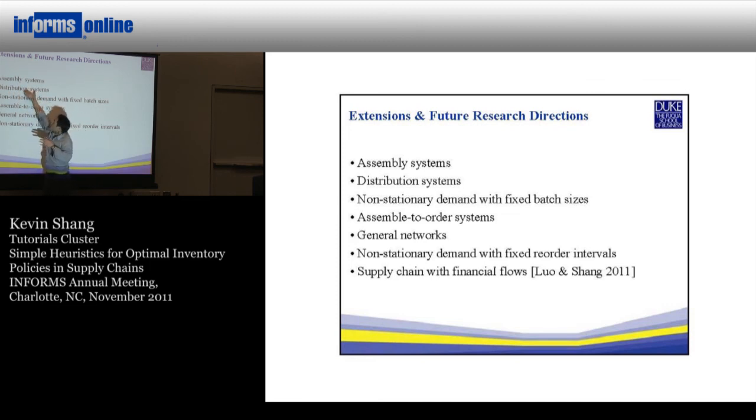Under some conditions, we can make the assembly system equivalent to a single-stage serial system. So if we have that relationship, I think we can take these single-stage results to assembly systems.